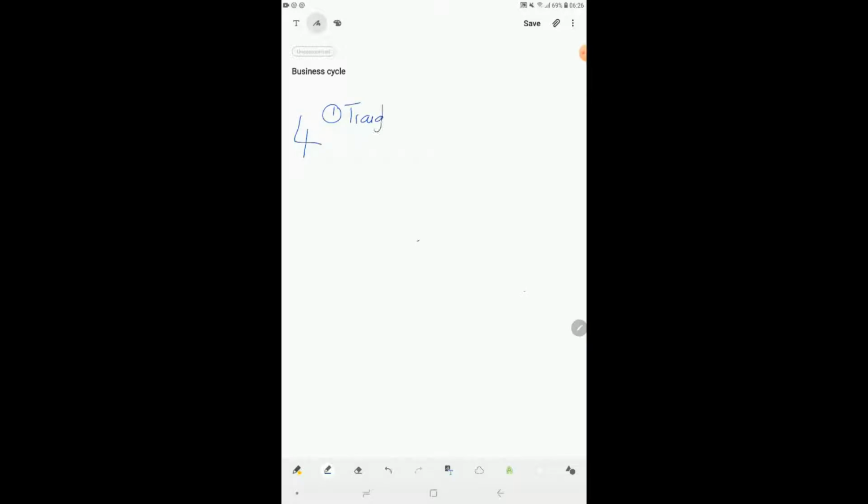a trough, a peak, an upswing, or expansion, or 4, a downswing, or we can talk about contracting.